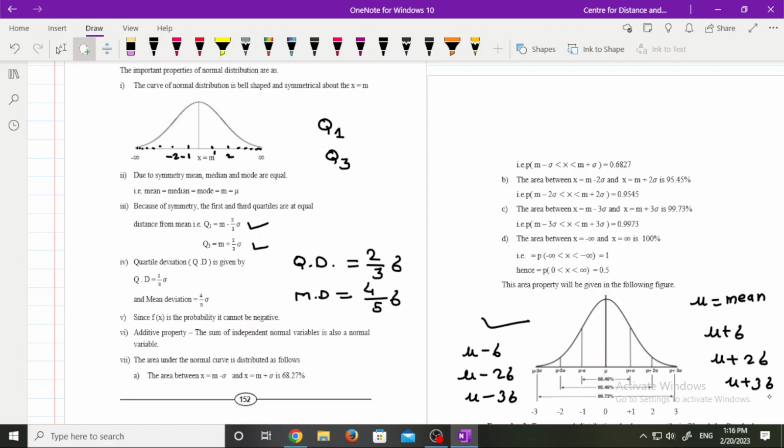Now, for this area, from mu minus sigma to mu plus sigma, this area is our 68.27%. Mu is nothing but our mean, which is represented by m.